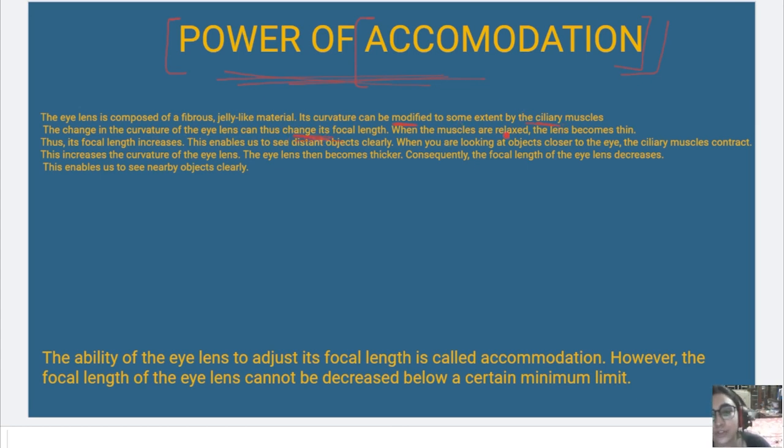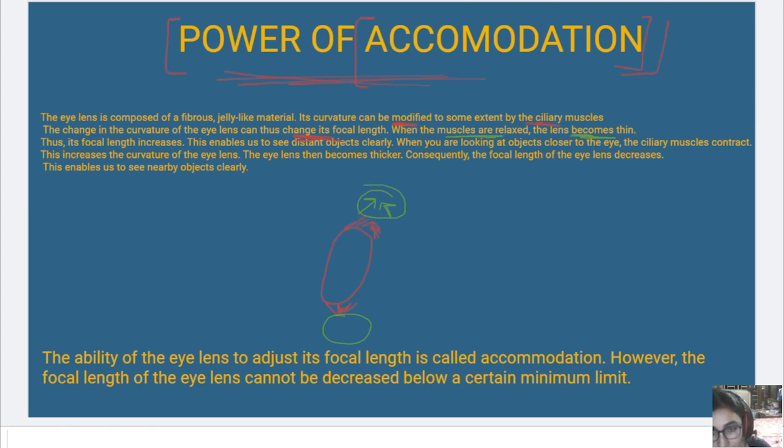So, lens, suspensory ligaments, and ciliary muscles. What they are saying is that when the muscles are relaxed, the lens becomes thin.